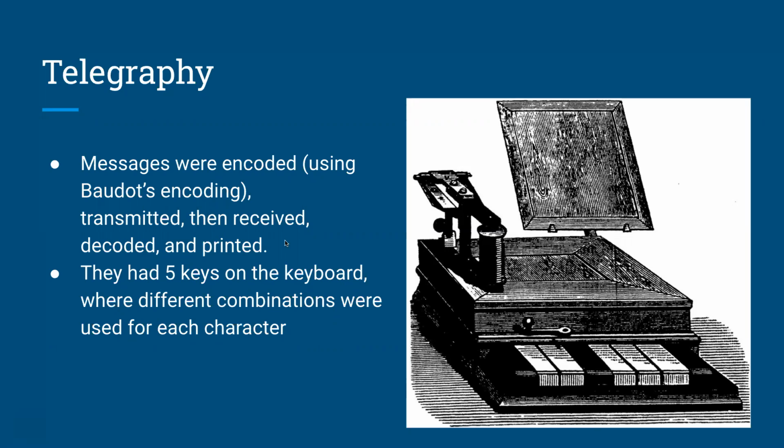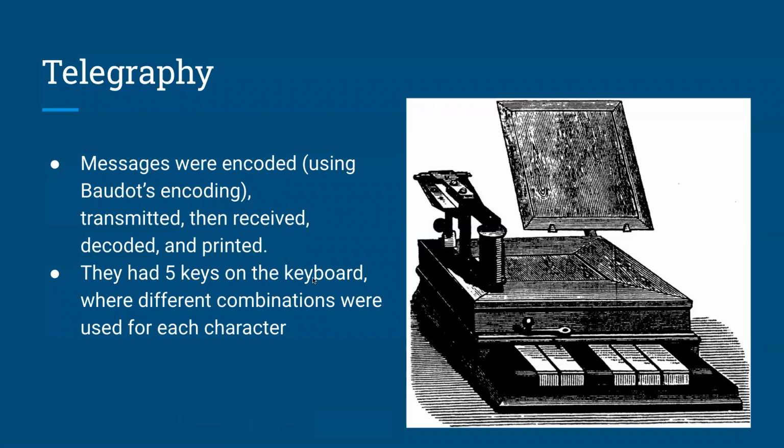So this device was used for sending messages. These had 5 keys, and different combinations would send a different character, and that's how the entire English alphabet was encoded and the messages were sent. The encoding was done using Baudot encoding, and that was long before ASCII came into existence.